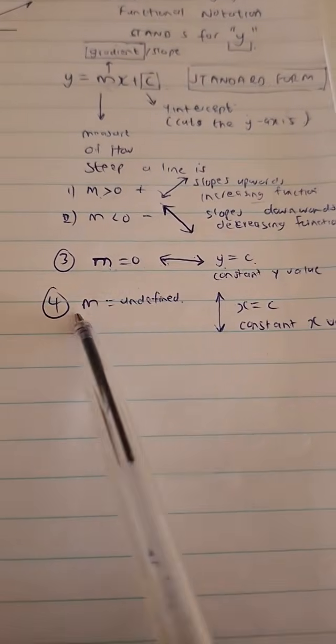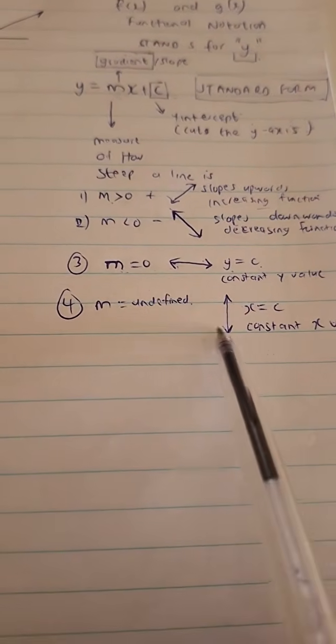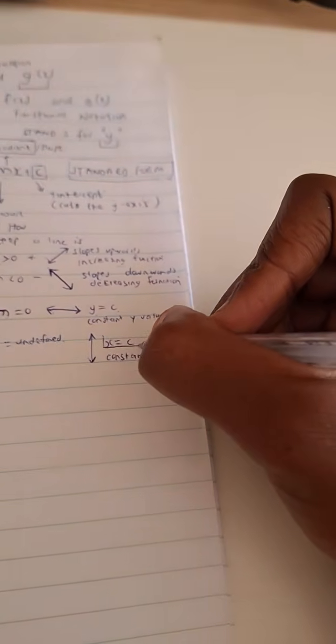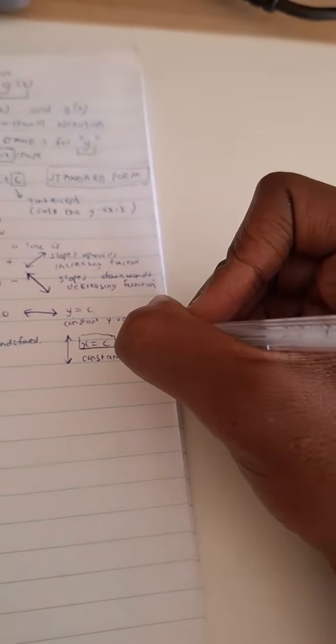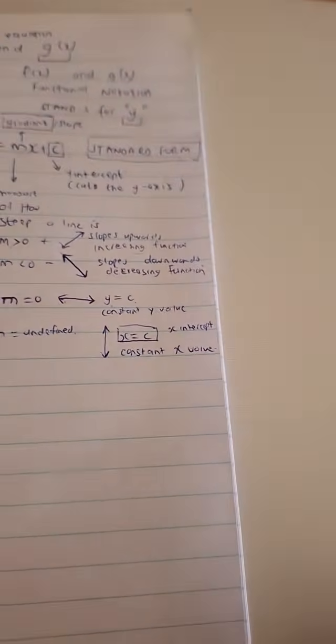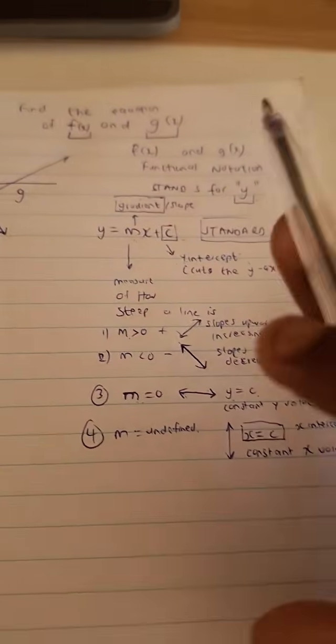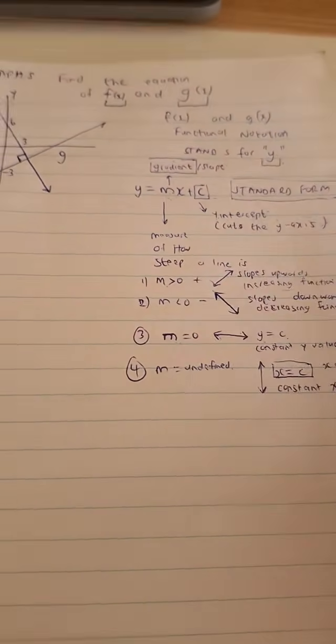So when we write the equation for any vertical straight line where the gradient is undefined, we say x is equal to c. Because what is constant this time? Our x value is constant for any vertical line. So we say the equation of that line will be x is equal to whatever the x-intercept is for that vertical line. I hope you have noted the things that I've said here.